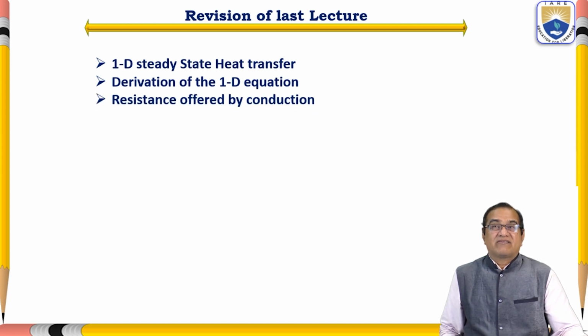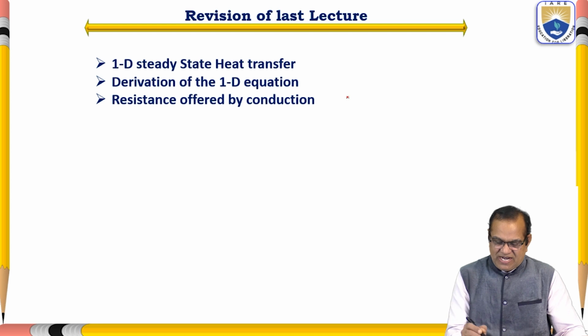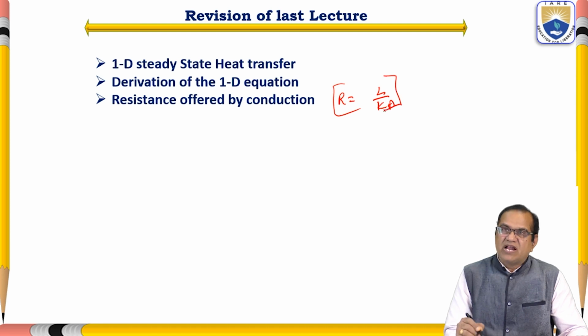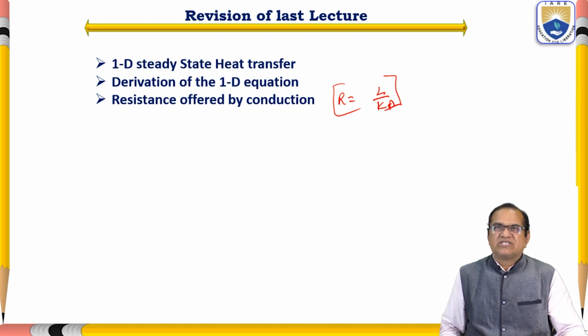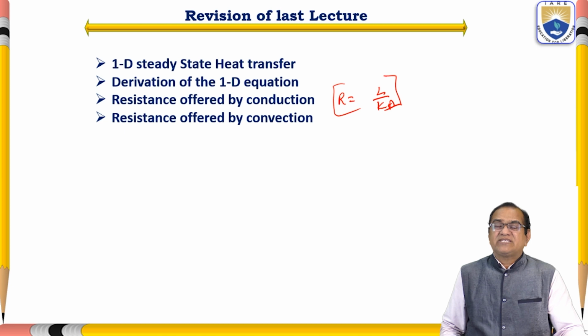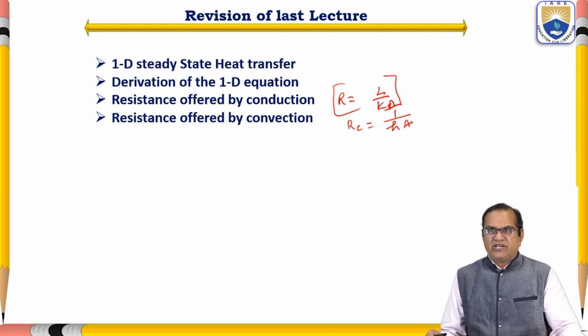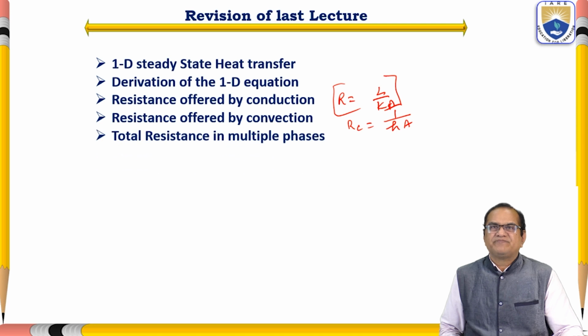Resistance offered by conduction is R equal to L by KA, which we have derived. Resistance offered by convection is Rc equal to 1 by hA.